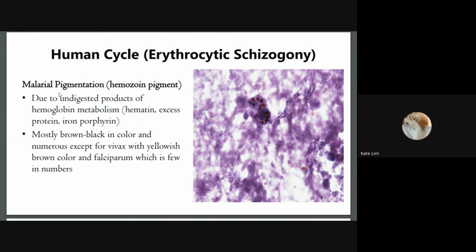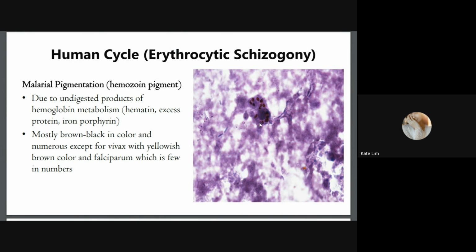So what does hemozoin look like? This is what hemozoin looks like on your screen. The pigment usually appears brown black, kind of like little dark specks or granules inside the infected RBCs. And here's where it gets interesting, class. Why?